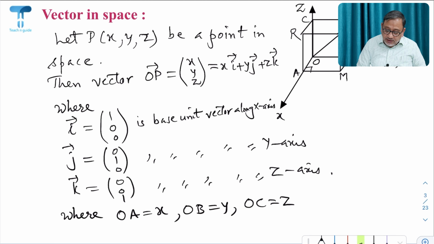So OA will have length x because the x coordinate of it is x only. The length of OB will be y, the length of OC will be z only. Okay, on the coordinate axis we represent the length by the x coordinate, the y coordinate, and the z coordinate.